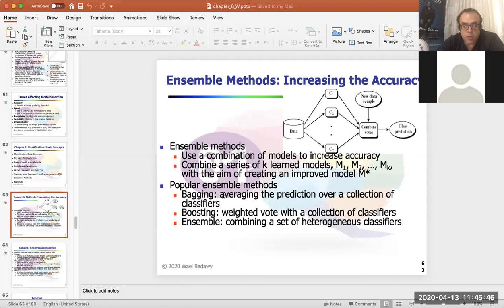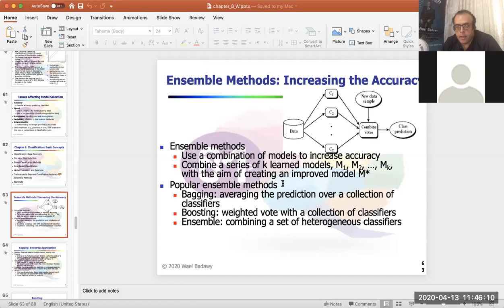There is something called bagging. Bagging means I average the prediction over a collection of classifiers. So if all of the classifiers give me a specific value, I will get the average. I'll say on average, this will be that part. There is also something called boosting. Boosting means I will have a weighted vote.